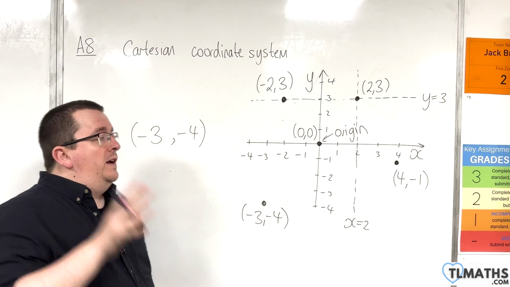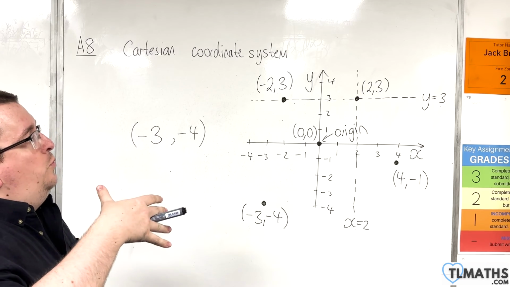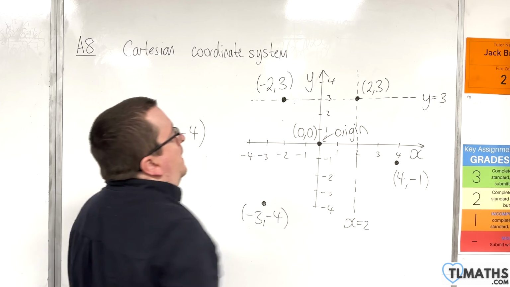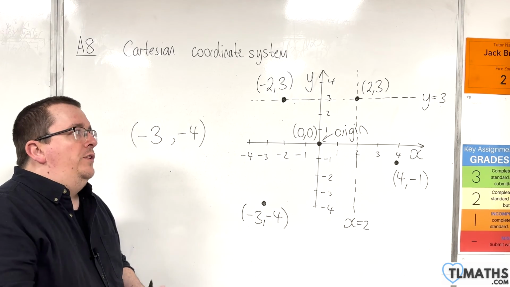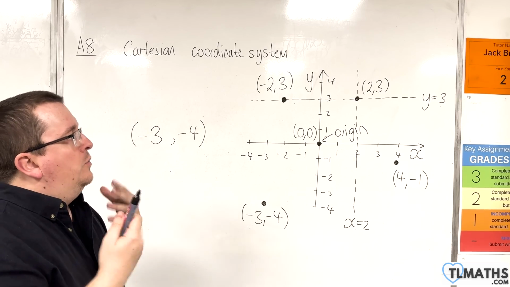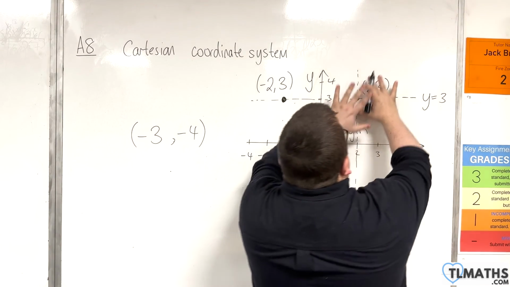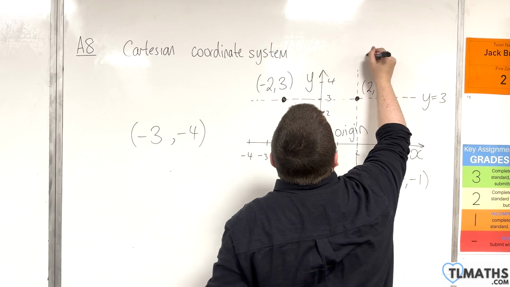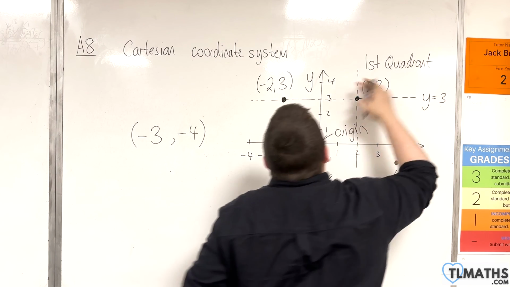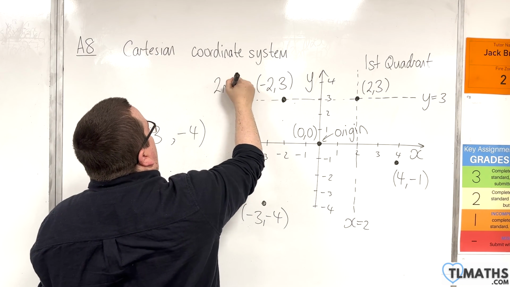Now you'll also have heard me mention that we refer to these as quadrants. So it is useful to know how we count those. So quite often they are called by name, so that this one in the top right is the first quadrant. The top left is the second quadrant.